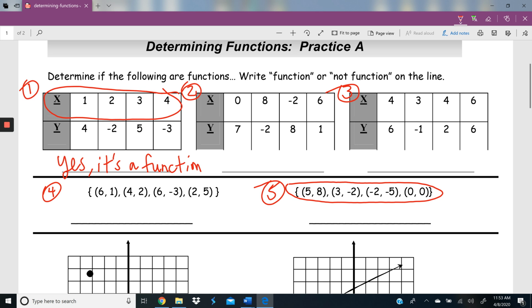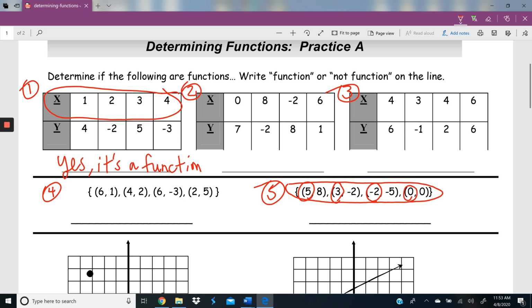So in problem 5, look at only your x values. In every ordered pair, you have an x and y. 5 is my x, 3 is my x, -2 and 0. Those are the only numbers that represent my x values. Do you have any number repeating?